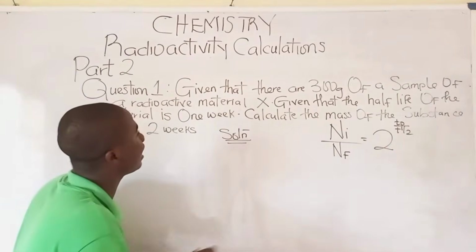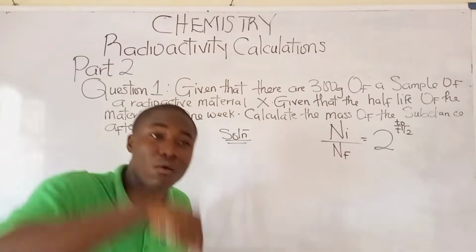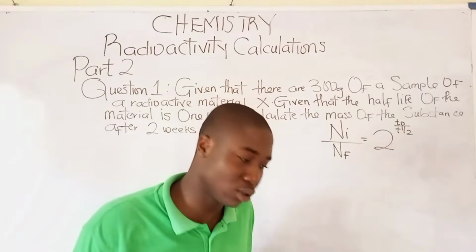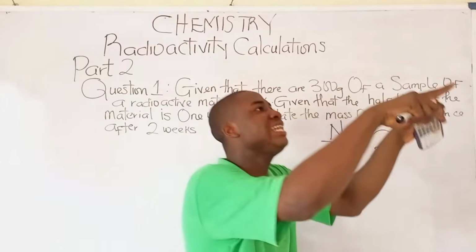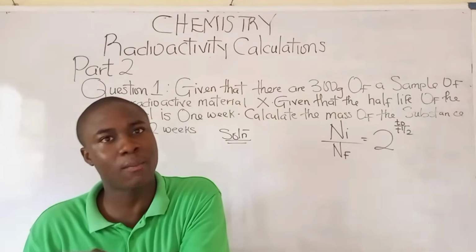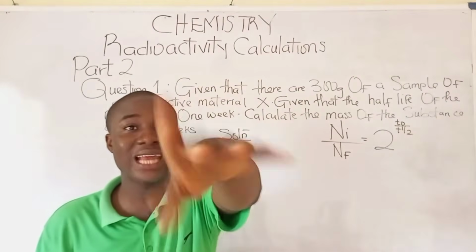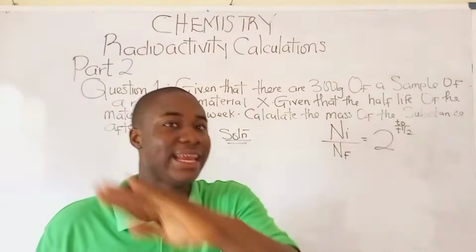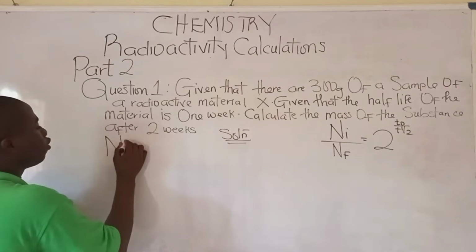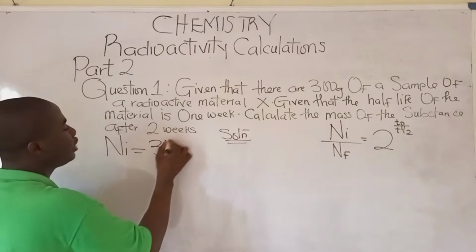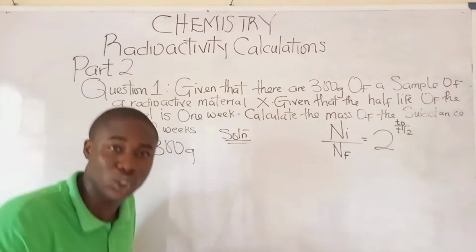Now you can see here that the first line says, given that there are 300 grams of a sample. So that makes us wonder if this 300 grams is the final mass or the initial mass. But basically, since we just saw it first, then it becomes the initial mass. So from the question, Ni becomes 300 grams. This is the initial mass. This is the mass we just saw.